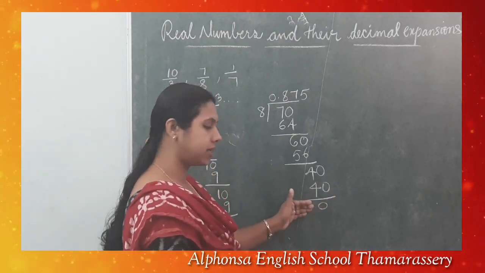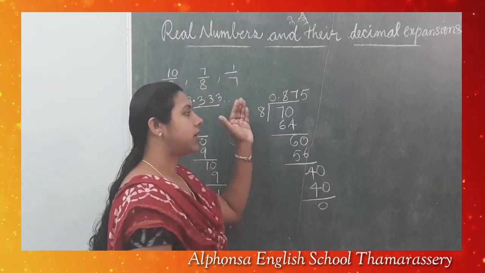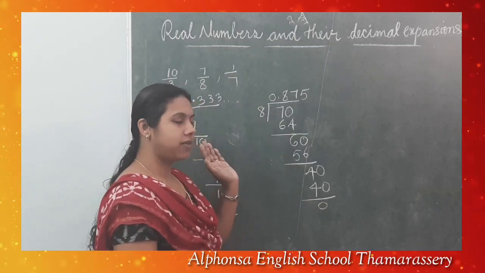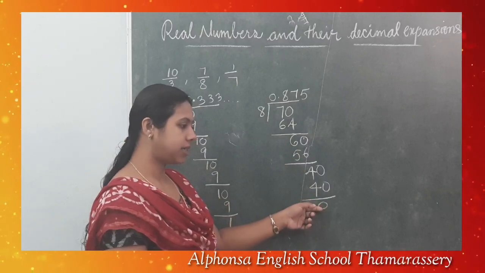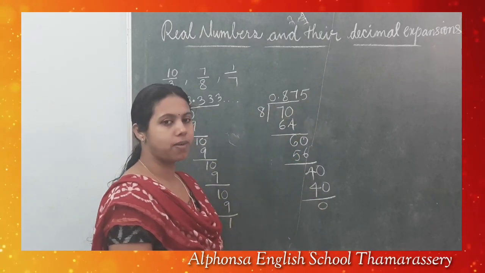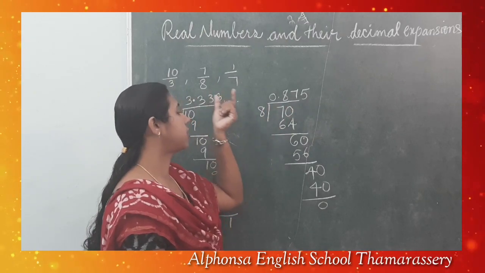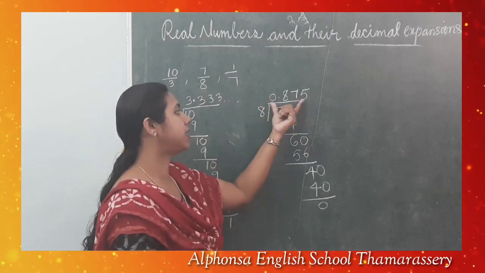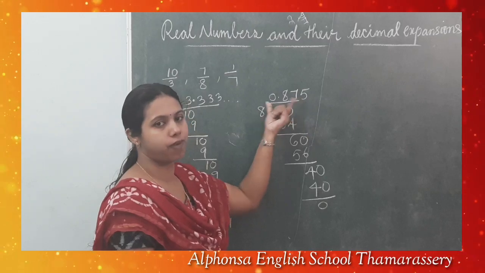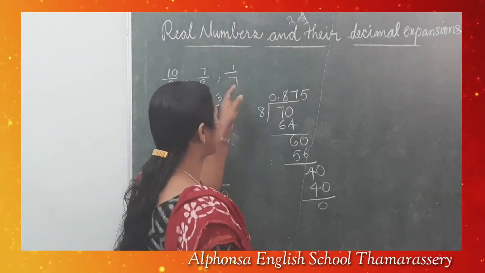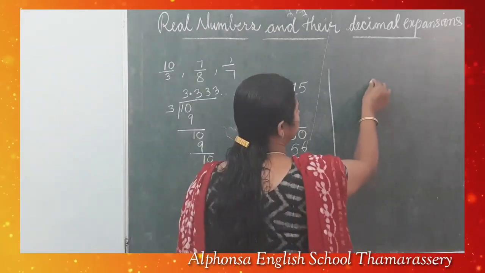We got the remainder 0, so we stop the division process. When you are getting the remainder 0, we are stopping the division process. So the quotient of this decimal expansion of 7 by 8 is 0.875.